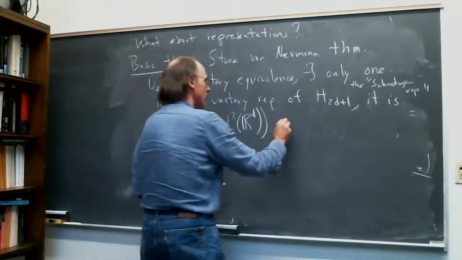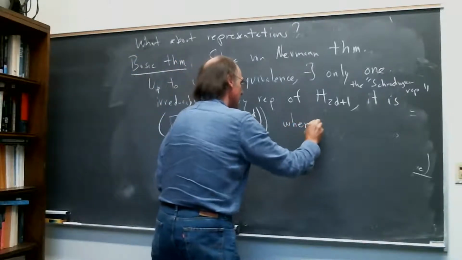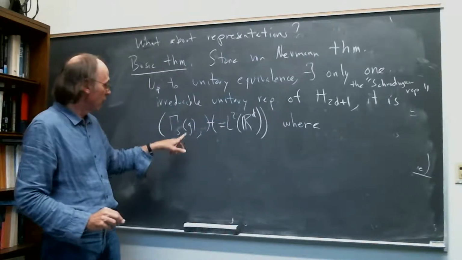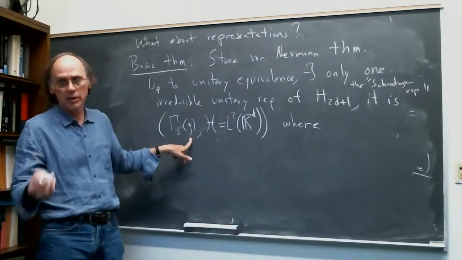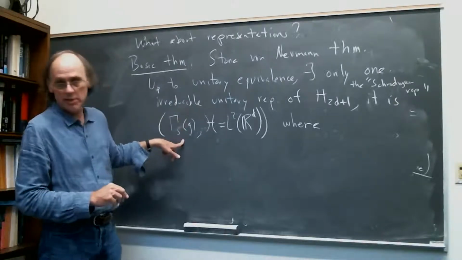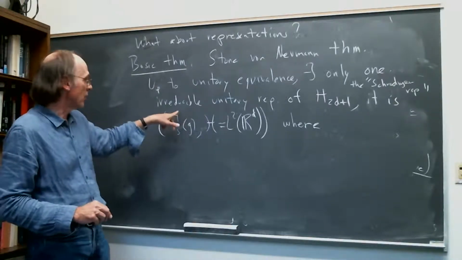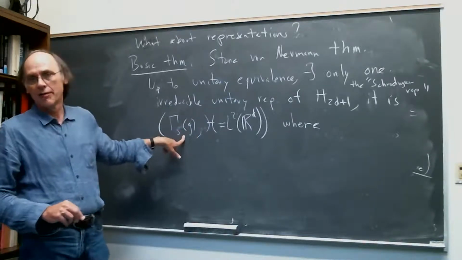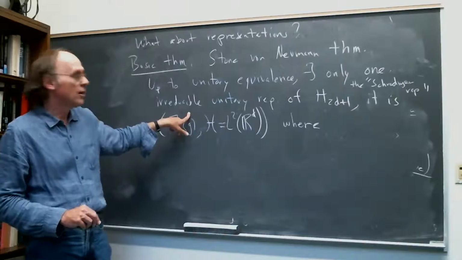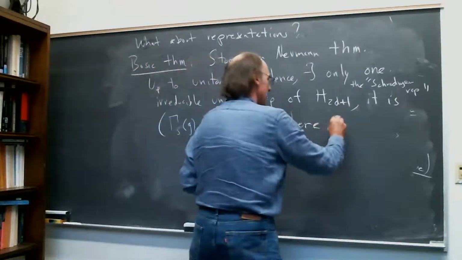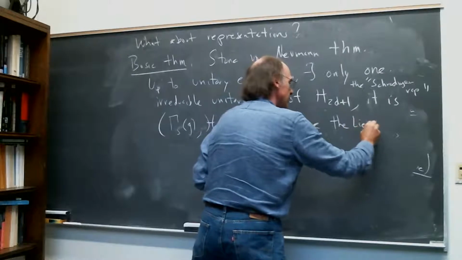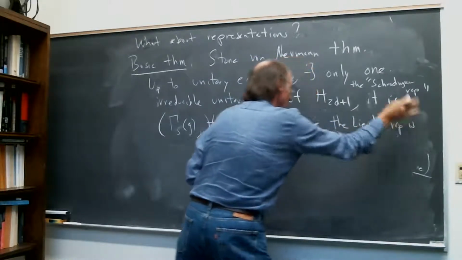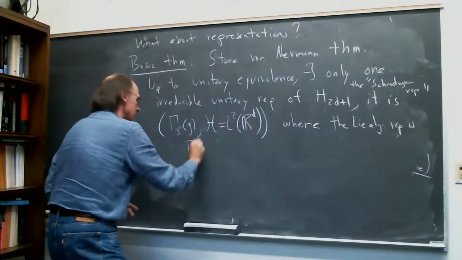You can write down formulas for it in terms of the group, but typically you're interested in the Lie algebra version, the corresponding derivative of this representation, where you put a prime here. The Lie algebra representation is just gamma_S prime.